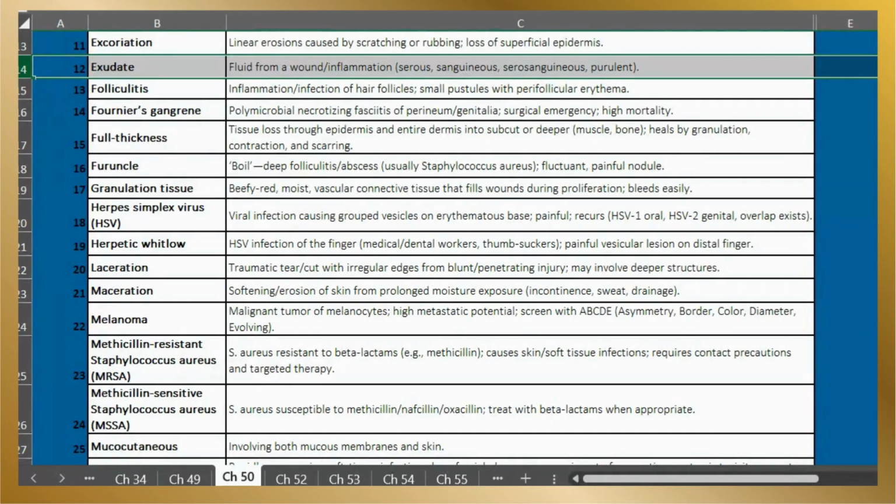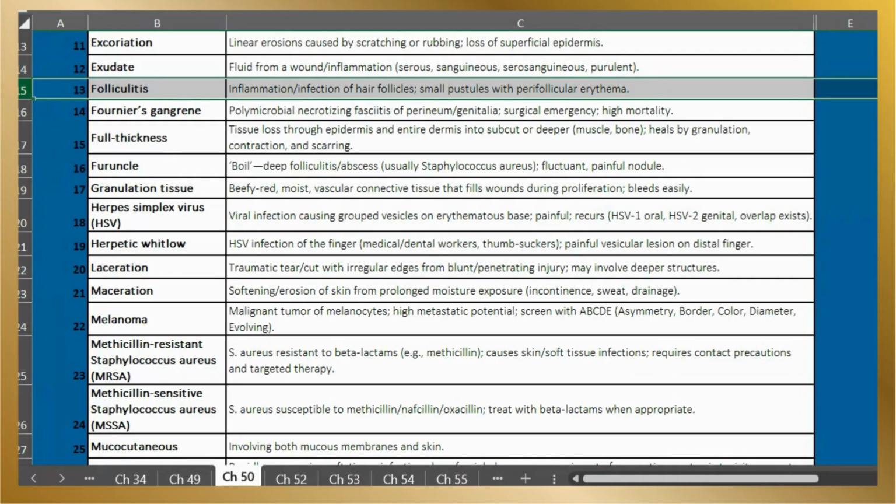That is the liquid that comes out from a wound. By knowing these exudates, you'll know whether the wound is healing, fresh from trauma, or infected. So it's very good to know.